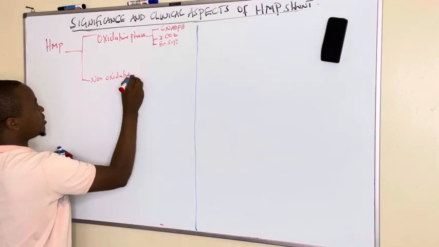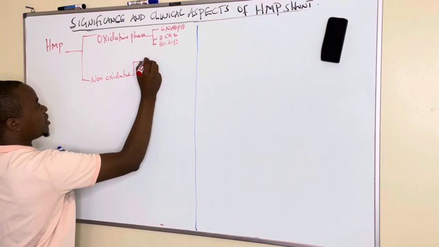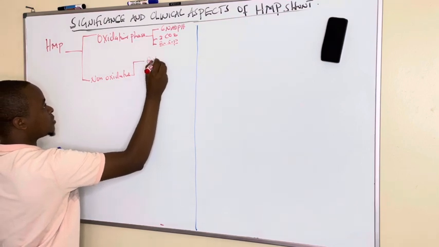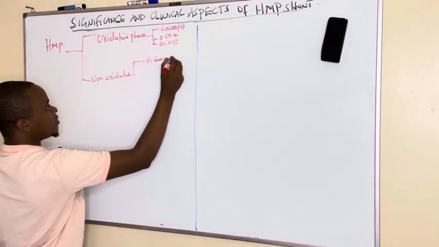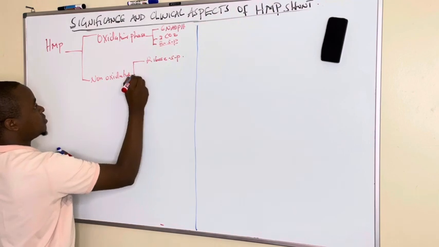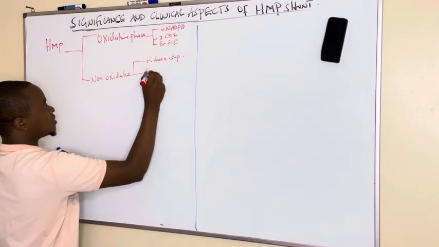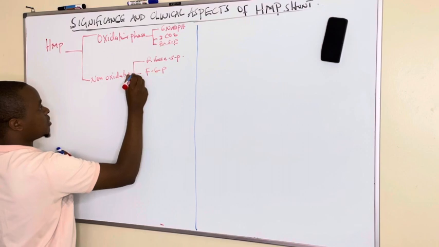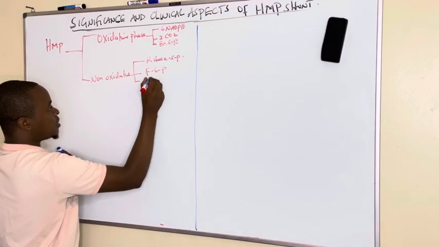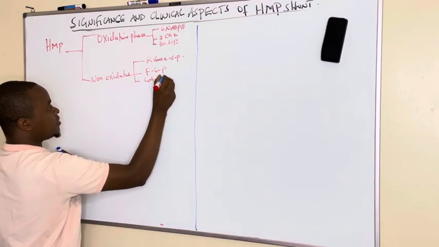And under non-oxidative, we looked at production of ribose 5-phosphate, fructose 6-phosphate and glyceraldehyde 3-phosphate.